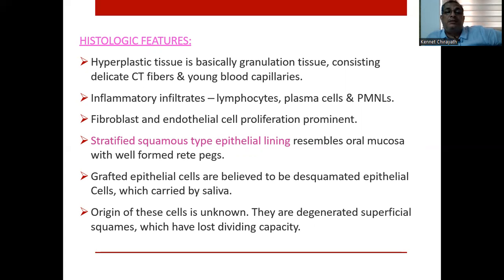Grafted epithelial cells are believed to be desquamated epithelial cells carried by saliva. Origin of these cells is unknown. They are generated superficially squamous cells, which have lost dividing capacity.